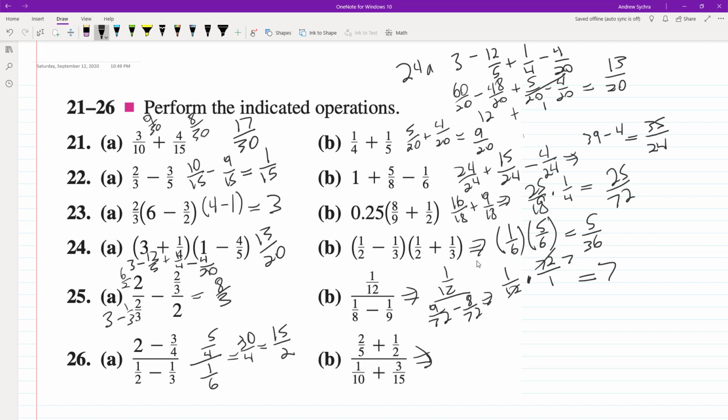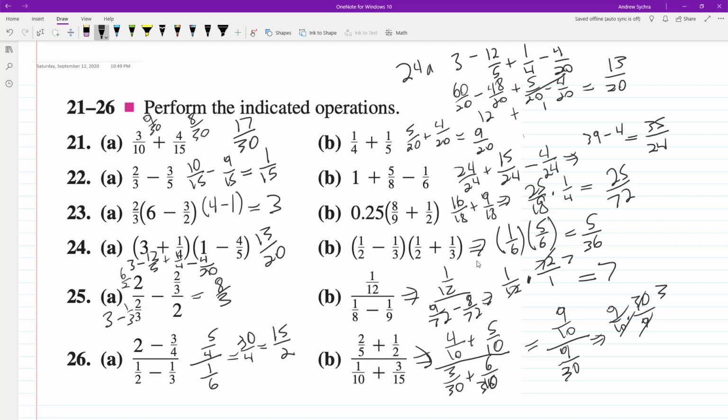So it's going to be 4/10 plus 5/10 divided by this should be 30. This is 30 here. Okay. So it's the same thing as 9/10 times 30/9. This becomes 3. This is equal to 3. Okay. So moving on.